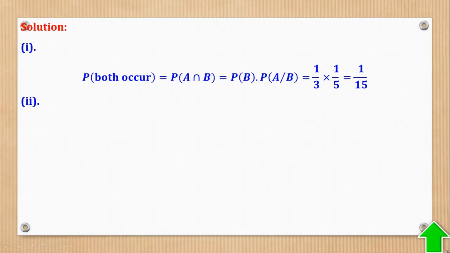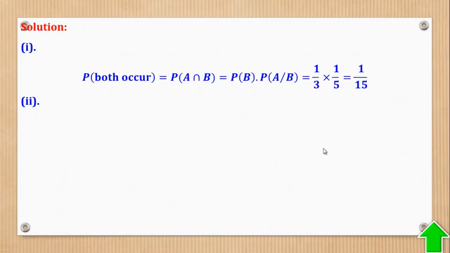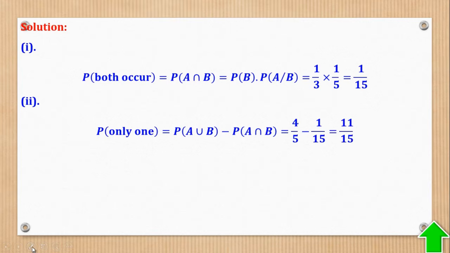Then for Roman 2, probability that only one of the events occurs. So only one means A only or B only, but not both, which is union minus intersection. So union minus intersection to give you 11/15.